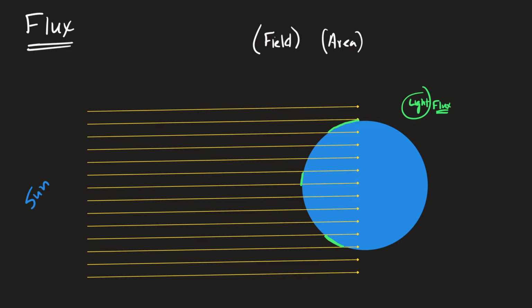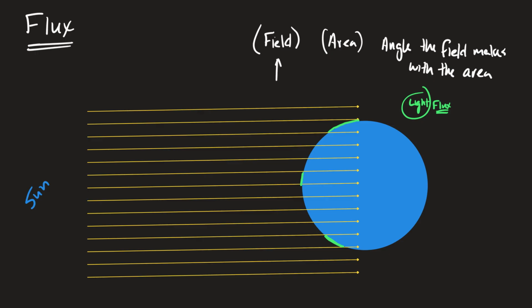But there's probably also going to be something related to the angle the field makes with the area. All right, that's going to make a big difference. And that's kind of how the arrows are working with the Earth. So we have to find a math that will do this.